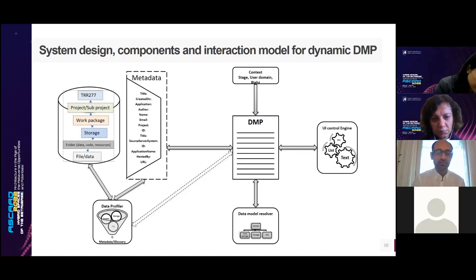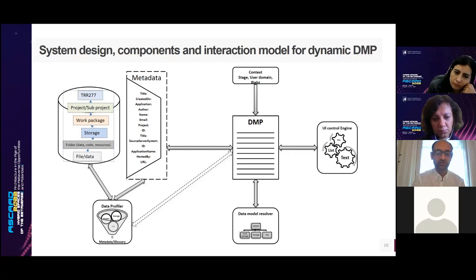The data management plan component represents the DMP form, including its data model as well as its controls. DMP controls will be communicating with the metadata part of the associated data to consume or suggest to the user input in the plan. If the information is missing on the data part, then the DMP user as well as the data part, for example, data manager or data system, could be informed.